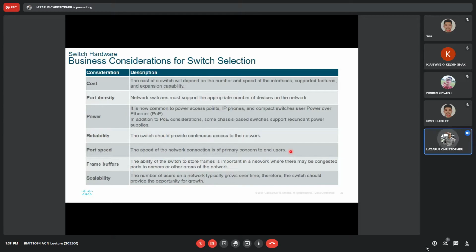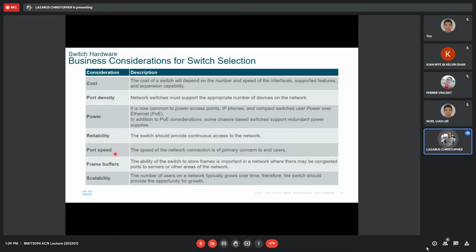But if the end users have a 1 gigabit per second port and work on graphics or multimedia, so they need to transfer huge numbers of files frequently, then the 1 gigabit per second transfer on the host computer will be brought down by the port speed of 100 megabits per second at the switch.